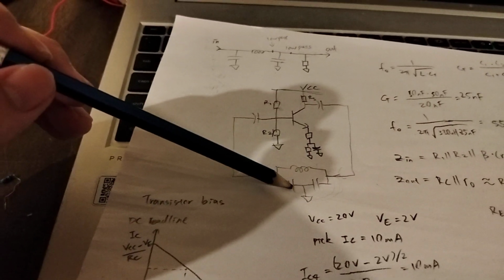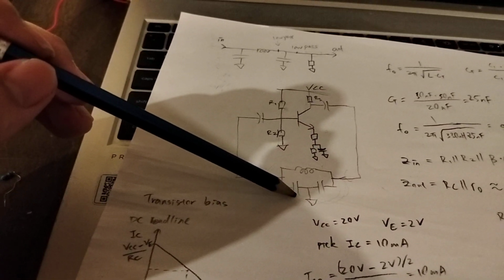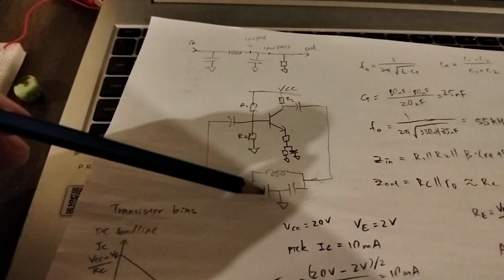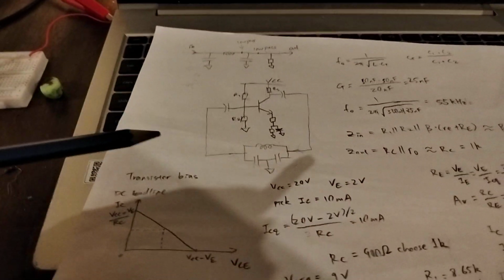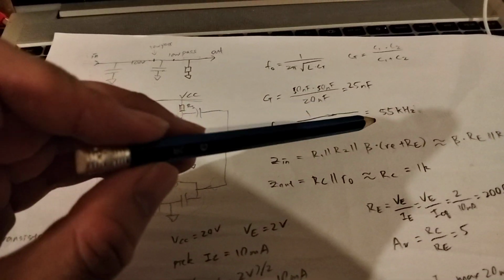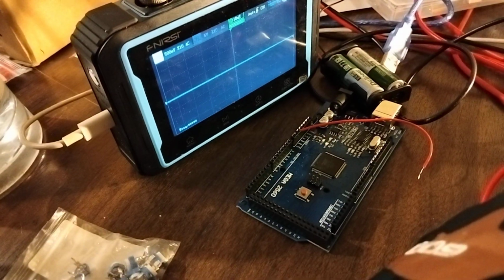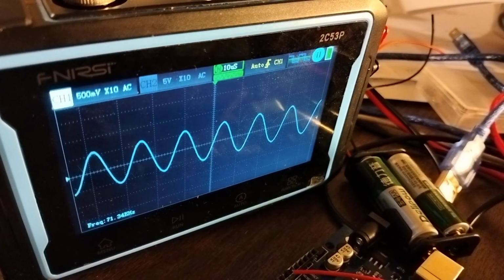When I measured the capacitances, this one was supposed to be 100 nanofarad, but it turns out to be 40 and 60. And the inductor, I can't even measure what that is. So when you add up all these differences, it's pretty good. 55 kilohertz is pretty close to 71. Yeah, and that's it. So just one more time looking at the resulting wave. Clean sine wave, no distortion.